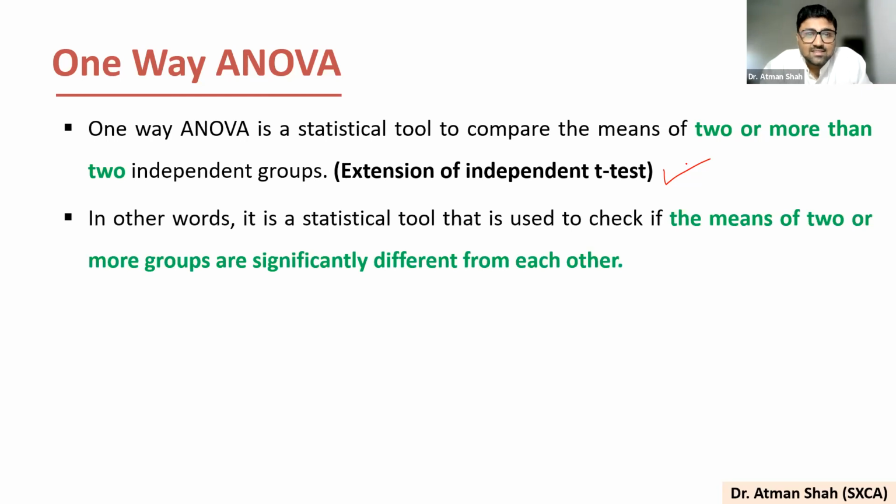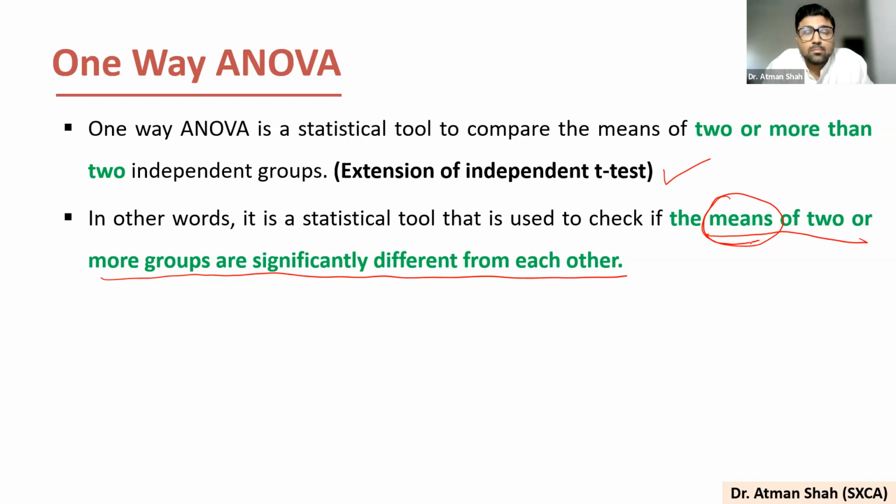In other words, it's a statistical tool used to check if the means of 2 or more groups are significantly different from each other. So in ANOVA, we are comparing means only. The name is analysis of variance, but we compare means. In the independent samples t-test, we compare the means of two independent groups.